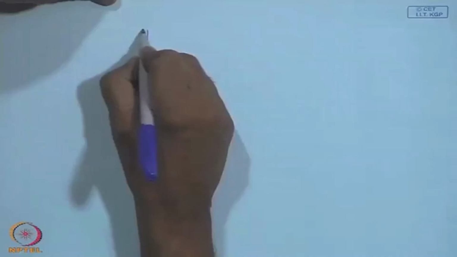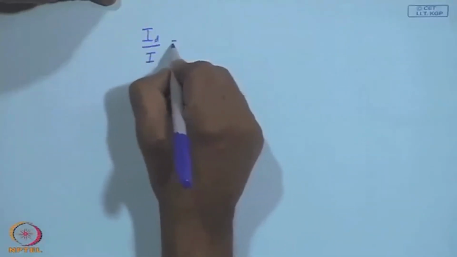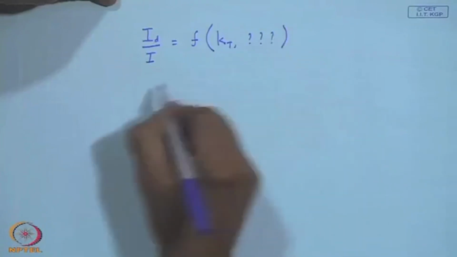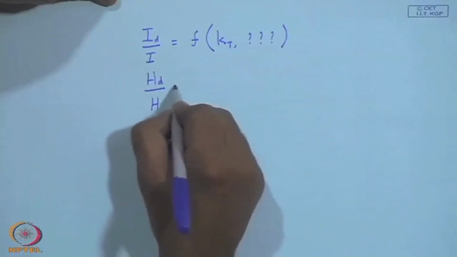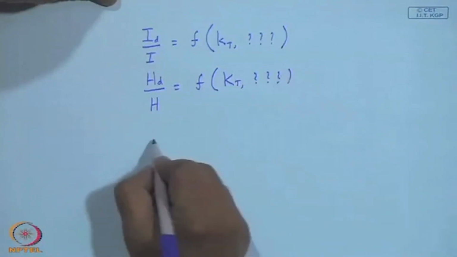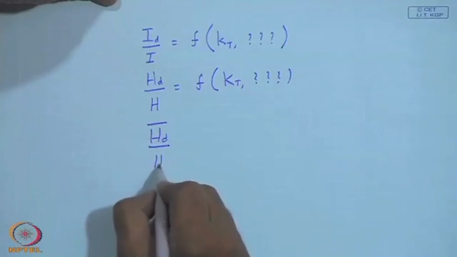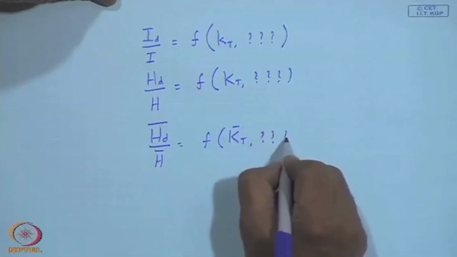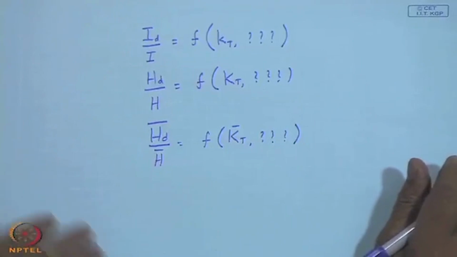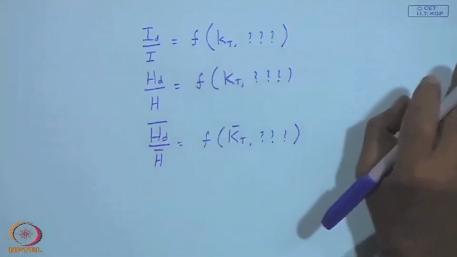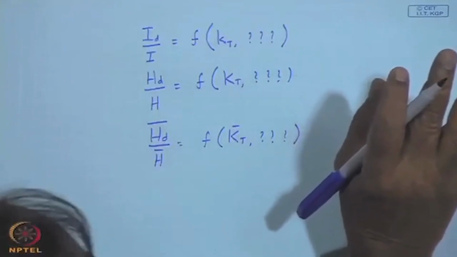So, now why are we doing all this? We can first hypothesize or postulate that this diffuse fraction will be a function of the clearness index mainly, though there may be other secondary variables.